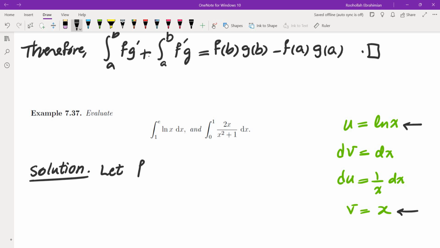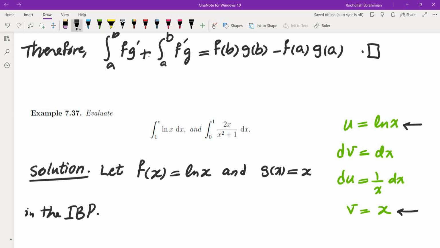So let f of x be natural log of x and g of x be x in the integration by parts.